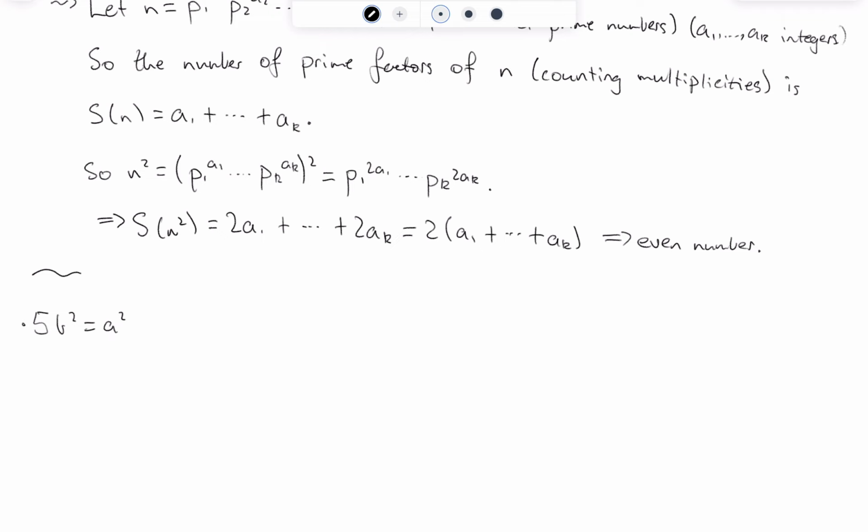So we can conclude that a squared has an even number of prime factors.